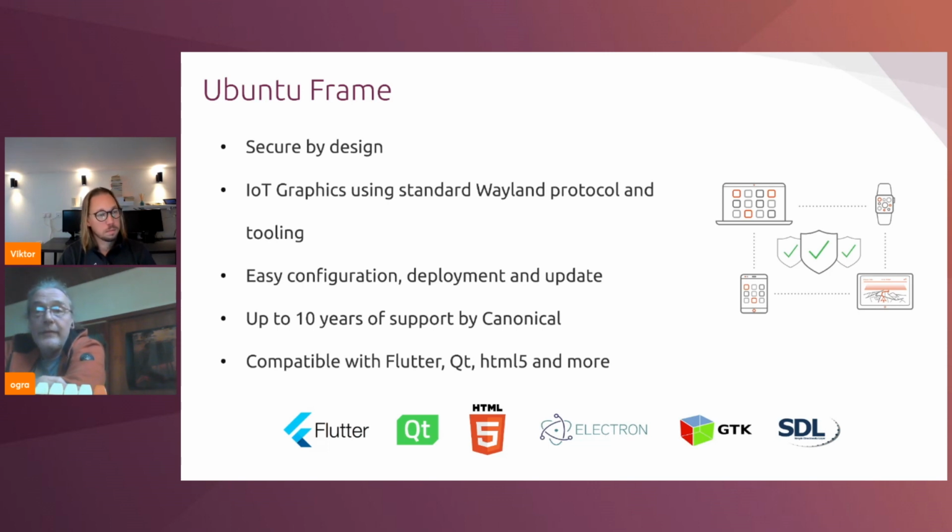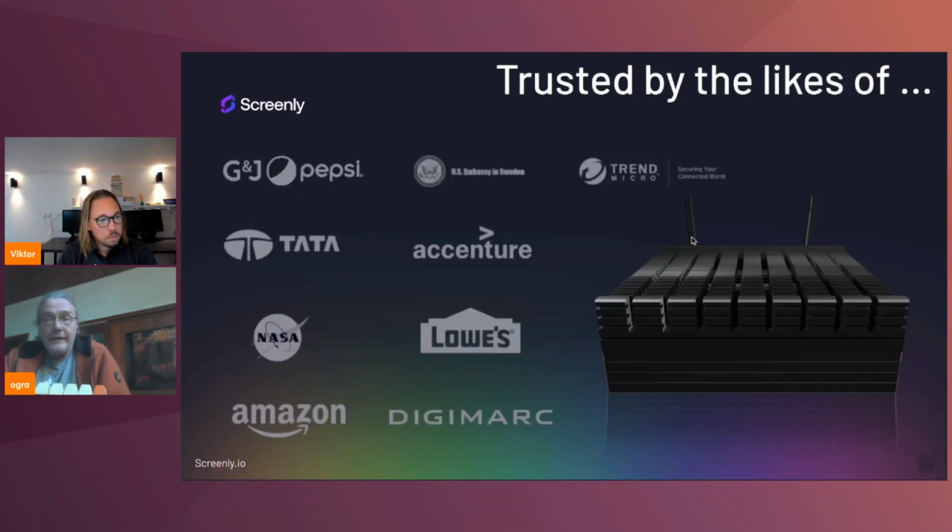It is deployed through snap packages, so it updates itself easily and rolls back if there's any error. And it comes with the same 10 years of support by Canonical as the OS does. Now, whether you develop in Flutter, Qt, HTML, or in any other toolkit, all these toolkits can be used on top of Ubuntu Frame to display your content.